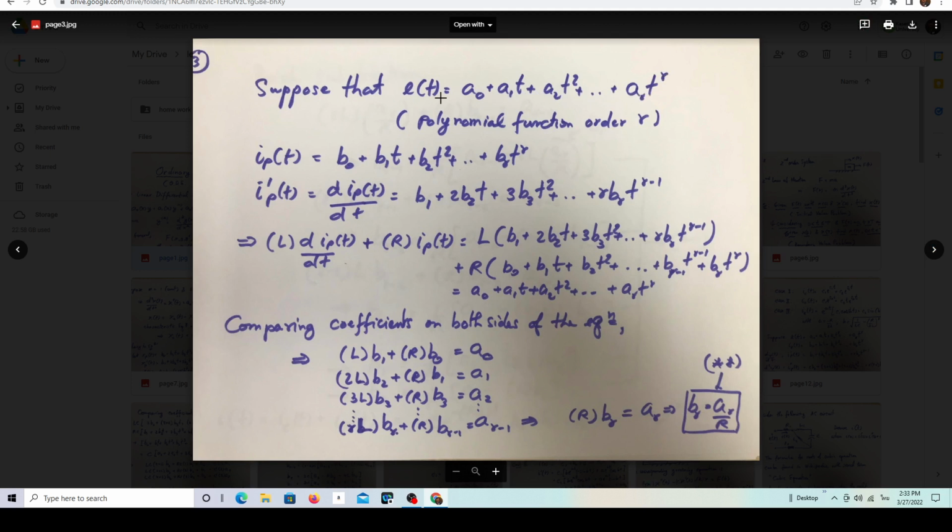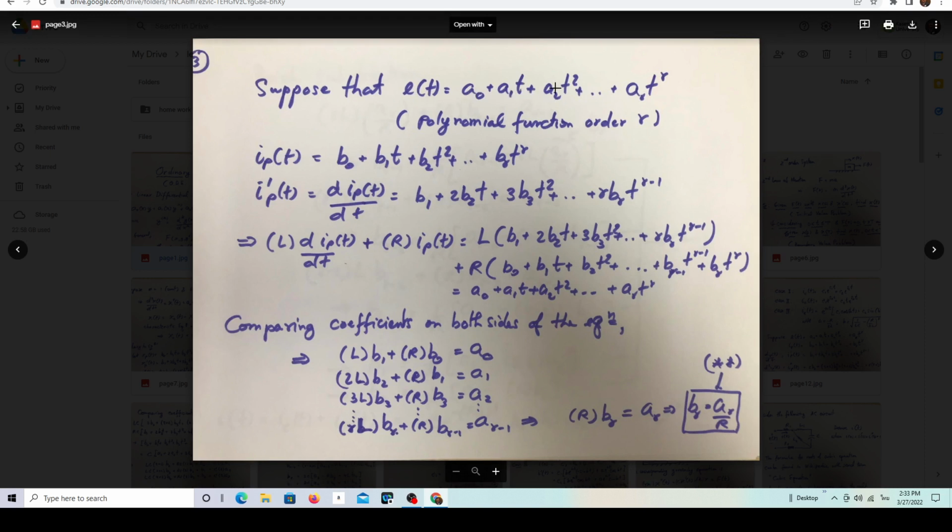If your input becomes a polynomial function of order r, your corresponding output has to be this one also. So you can see that the form of I_p(t) will follow a similar form to the input, the right hand side function, but with different parameters.